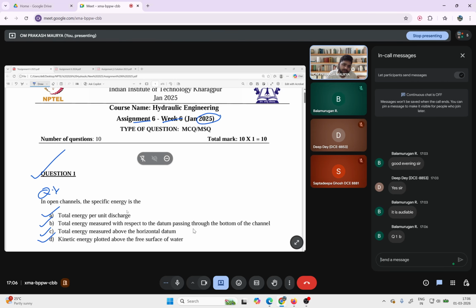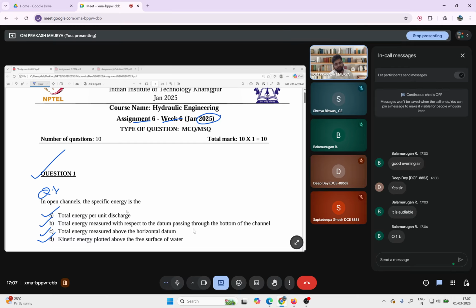Okay, so Bala is telling option B. Total energy measured with respect to datum passing through the bottom of the channel. Okay, nice. Other students, please. For question number 1, whatever you have learned from your previous week 6, just try to think on that and write your answer, please.